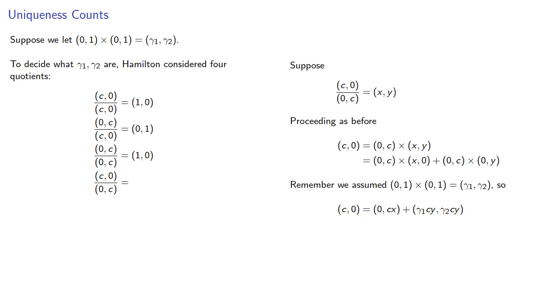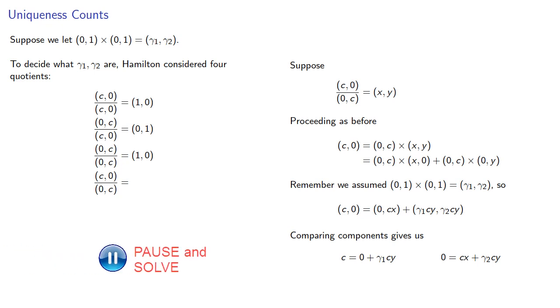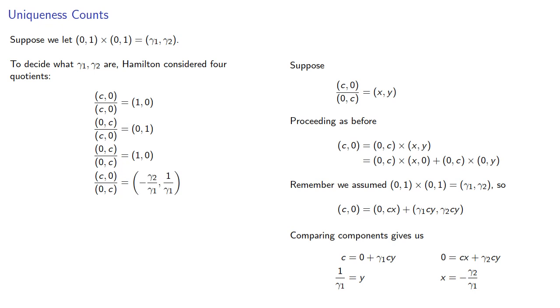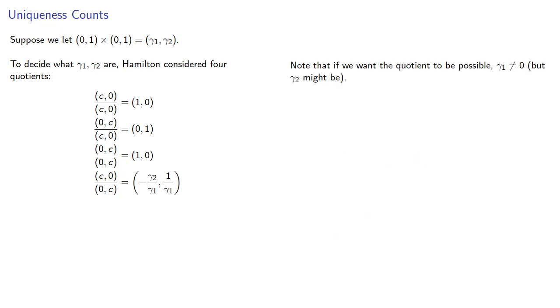And if we compare our components, we get a system of equations in x and y, and if we solve them, we get, and note that if we want this quotient to be possible, gamma 1 can't be 0, but gamma 2 might be. So how can we find gamma 1, gamma 2?